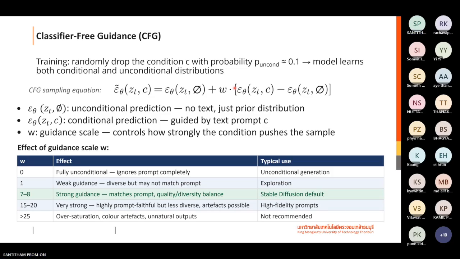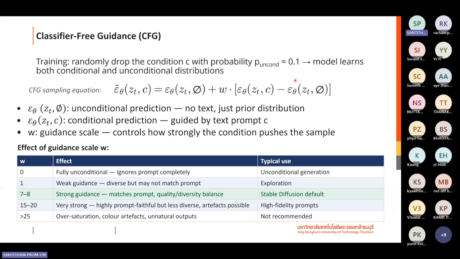So in a way, the predicted noise here will represent the positive prediction of the noise from your positive prompt. And the latter part here will represent the negative noise, right? The negative noise from the negative prompt. Okay.